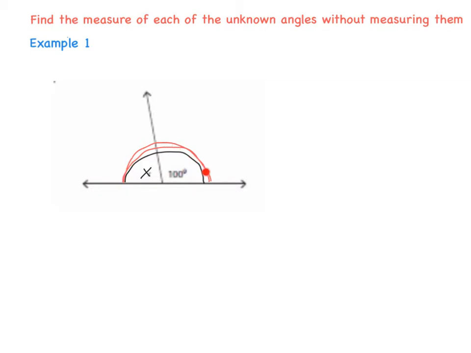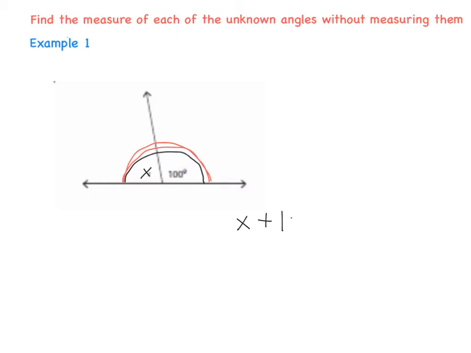If we know that the red angle is 180 and this little one is 100, how to find x? Okay, and also looking at axiom number 3, we know that if we add these two angles, we'll get 180. Okay, so we can just write it down.